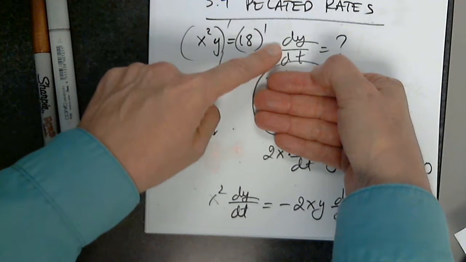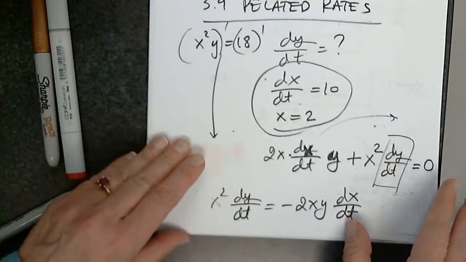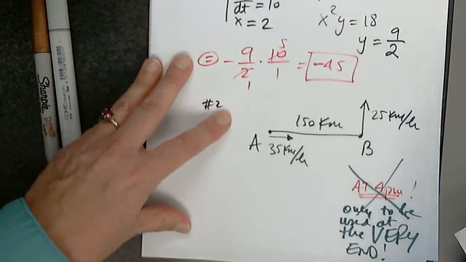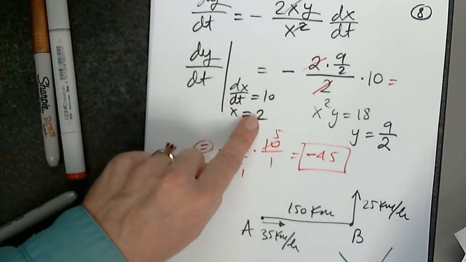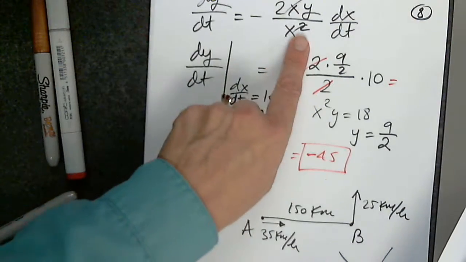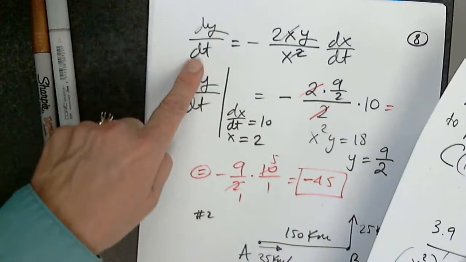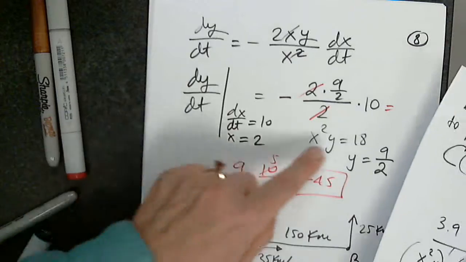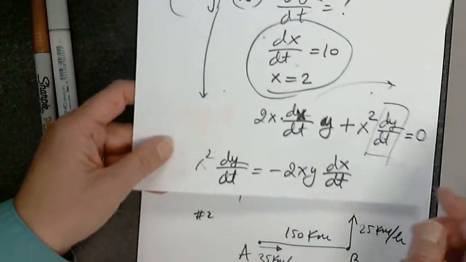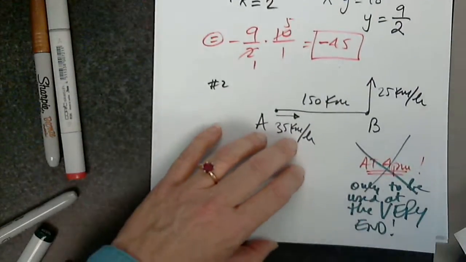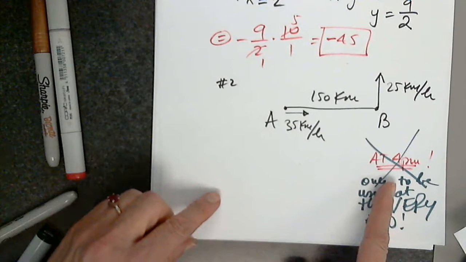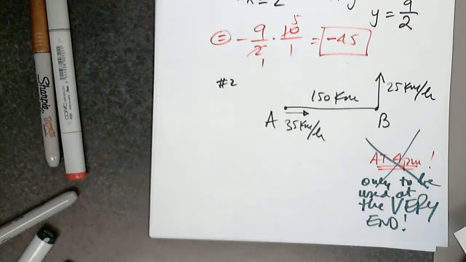Then I went back and said, okay, where are my numbers? I collected them at the very end after I found dy over dt. Then I was ready to plug in the numbers. So I will never, ever look at something like this till I have the function, I differentiated it, and I'm ready to plug in numbers.